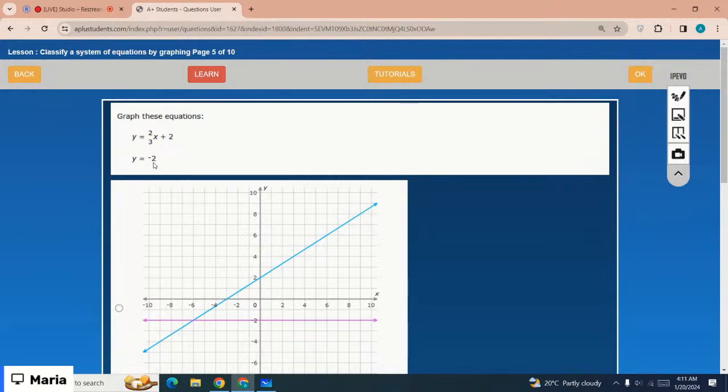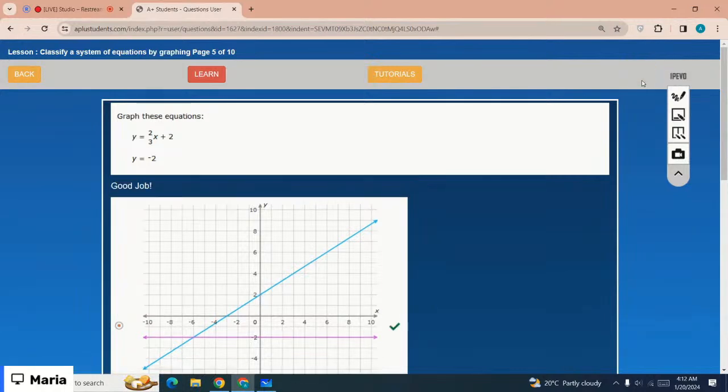Just look at the second equation, y equals negative 2. Here you have a straight line at negative 2, right? And for the first one, y equals 2 by 3x plus 2, the y-intercept is at positive 2. So here is the y-intercept. So option number 1 is the correct option.